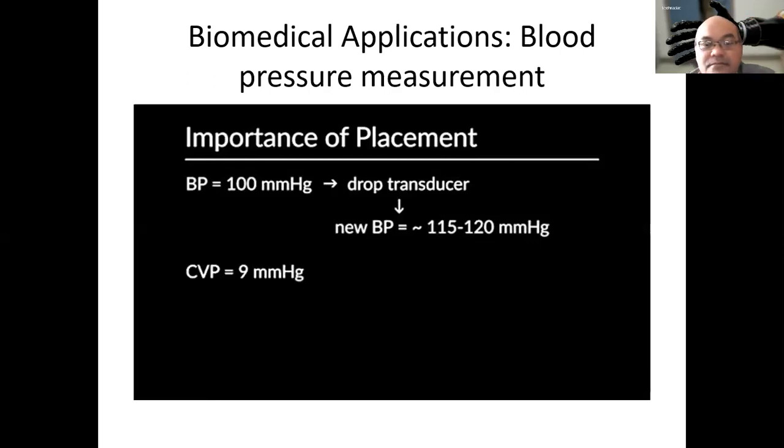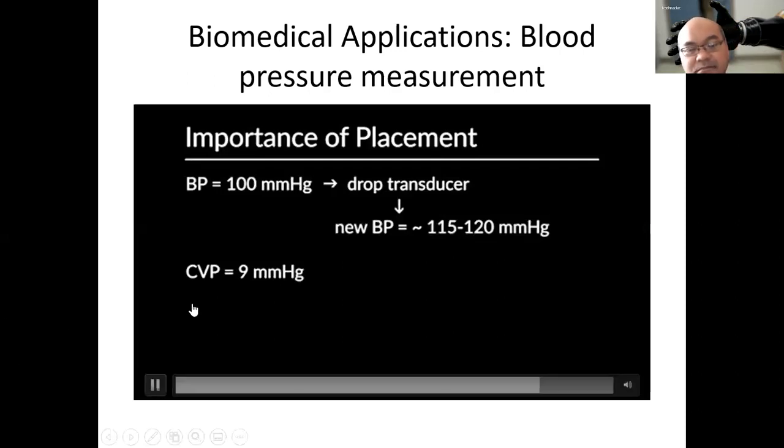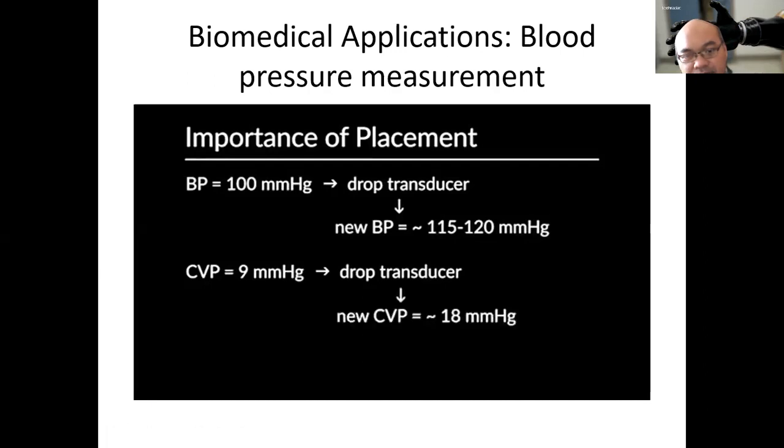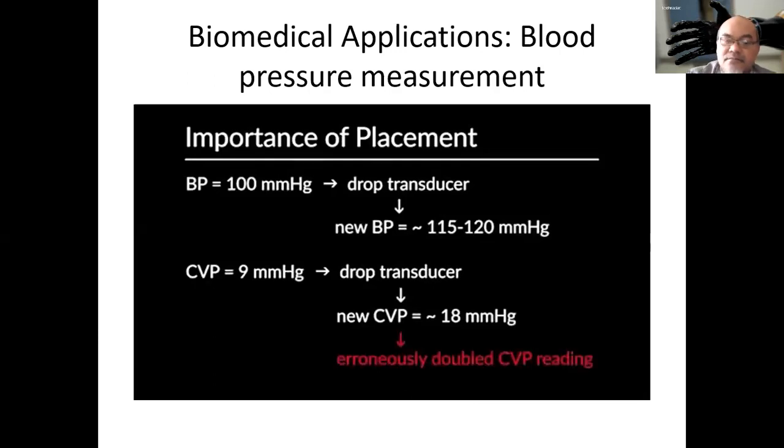If I'm dealing with a pressure of 9 millimeters of mercury and the transducer is down below the patient that same distance, and I add 9 millimeters of mercury to the number I'm seeing, in essence, I've increased the patient's CVP erroneously by 100%.